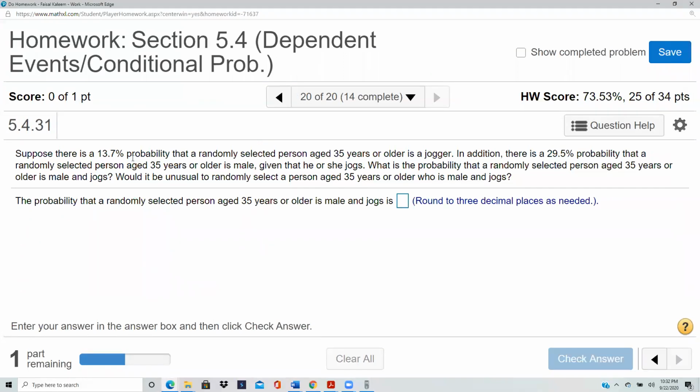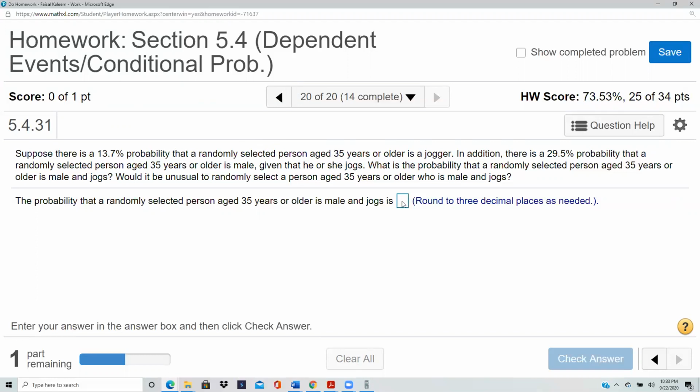Suppose there is a 13.7% probability that a randomly selected person, a 35-year-old, is a jogger. There is a 29.5% probability that a randomly selected person, a 35-year-old, is a male, given that he or she jogs.